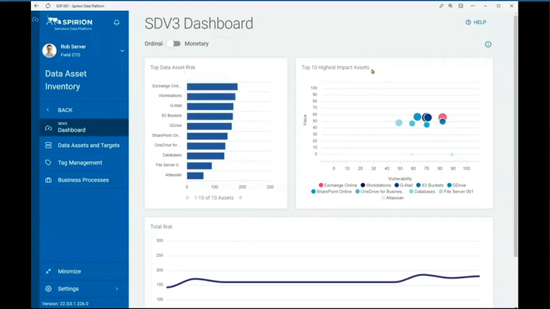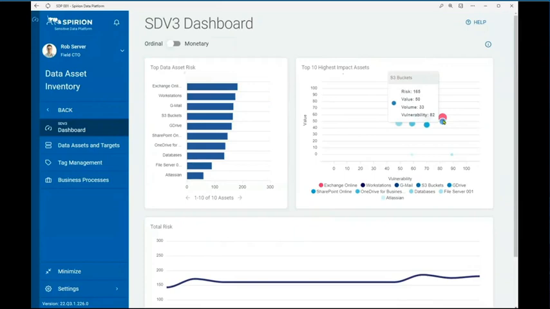Now, if you look over at the highest impact assets, you can look here and see immediately that the one farthest over to the right and the highest one is the Exchange Online store. This is interesting. Based on the amount of data that we scored, you have the most value and volume in there overall based on any of the other items.